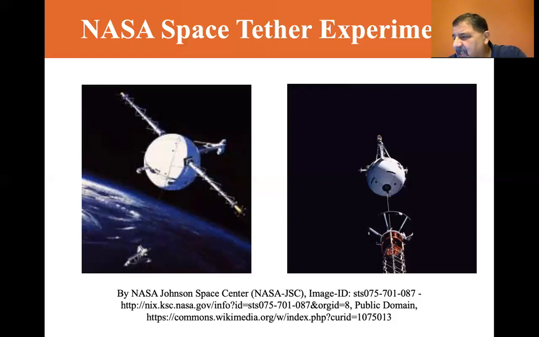They did a second attempt in February of 1996, and the tether unrolled, and it went up and up. I don't know how far it got, but it was deploying. It was going up, and all of a sudden the tether broke.